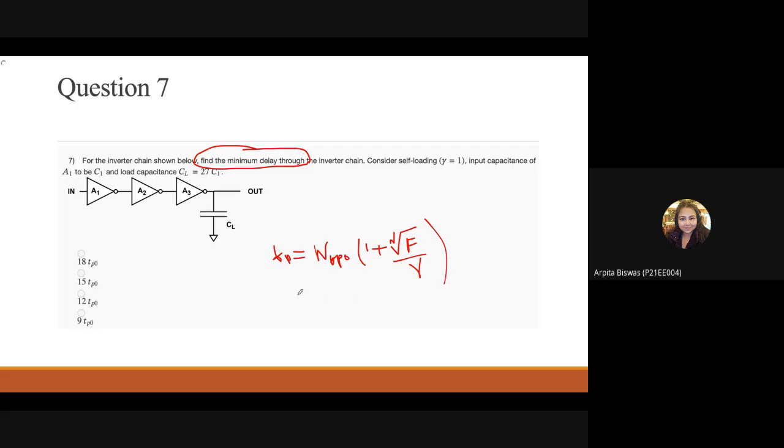So just put in all these values. The value of N is 3, right? Then 1 plus the nth root of F, which is 3, and gamma is 1. So this is 3 into 4, which is 12 tp0. Is it clear?